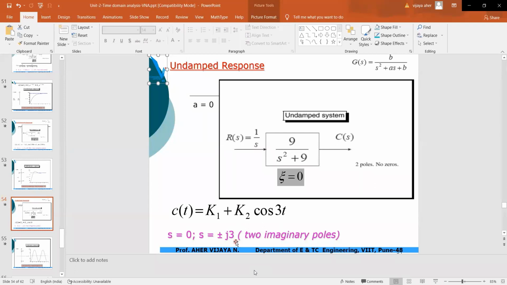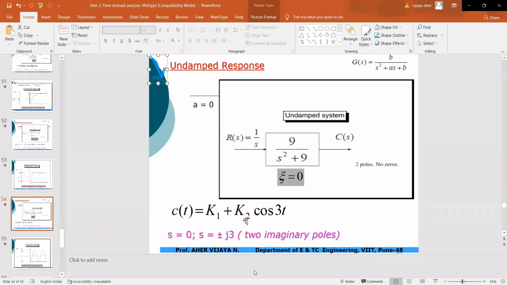Now find out the value of A, B, C or k1, k2, k3. K3 is not there. You have to find out k1 and k2 only. So find out the values, constant value. Then put that value over here instead of k1 and k2. I have written this equation in terms of k1 and k2. You are going to find the values of k1 and k2. Okay.